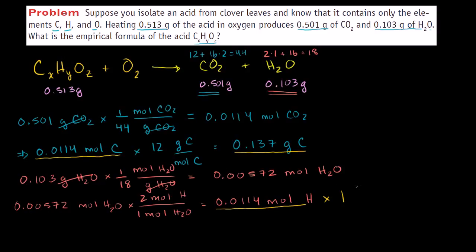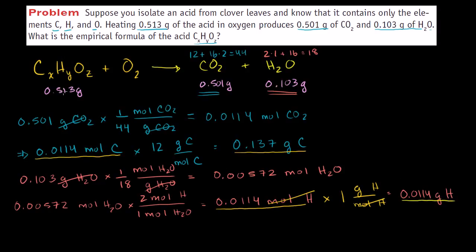Times 1 gram of hydrogen per mole of hydrogen. I wanted the moles in the denominator, so it cancels out. Moles cancel with moles. So we also have, I'll do it in that same orange color, 0.0114 grams of hydrogen. So that's another important takeaway.